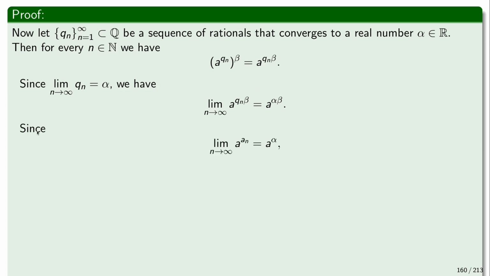Okay, and so, sorry, here is what I meant. So the limit as n goes to infinity of a to the power of a_n, if the sequence a_n converges to alpha, then this limit is a to the power of alpha. So again, q_n converges to alpha, so a to the q_n converges to a to the power of alpha.